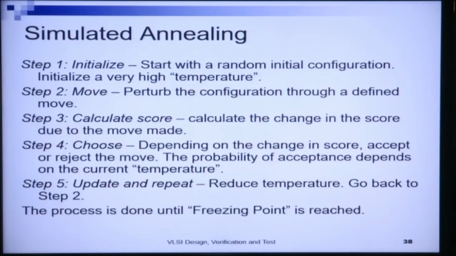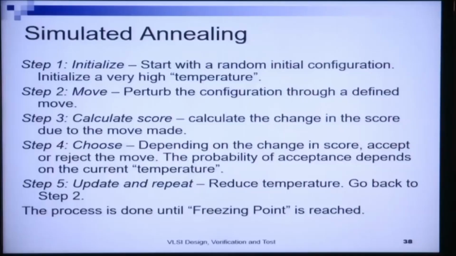So, we said if the move results in an increase in area cost, we can still accept the solution in terms of that merge with a certain probability, when the temperature is high, but later we will slowly decrease that probability of accepting higher area solutions. Then we update and repeat. We reduce the temperature and go back to step 2 until we reach a freezing point.